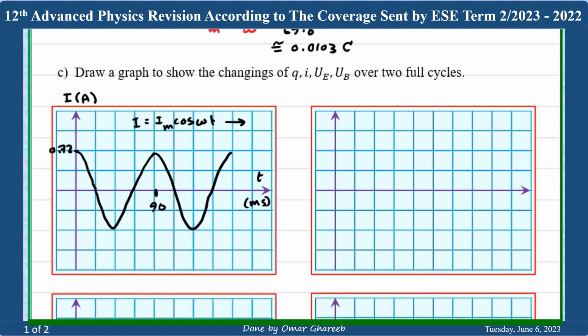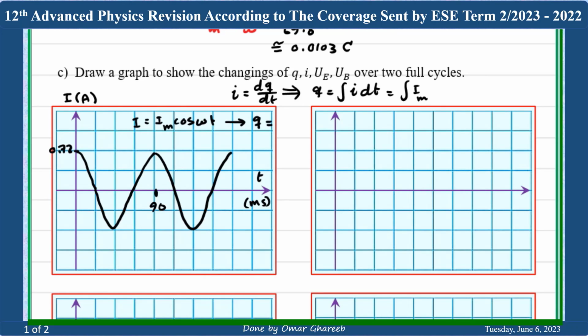To find the Q, what should you do? We know that I equals dq by dt. So Q should be equal to the integration of I dt, the integration of I maximum cosine omega t dt.